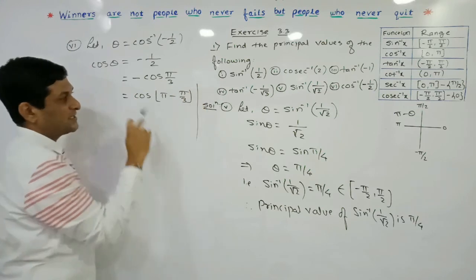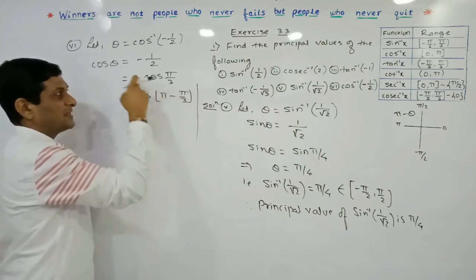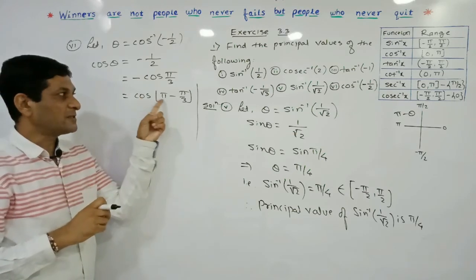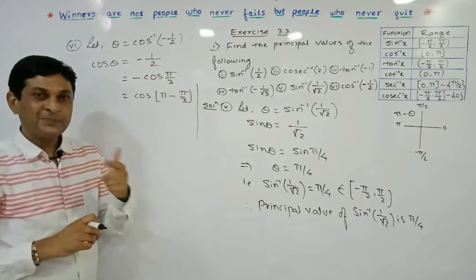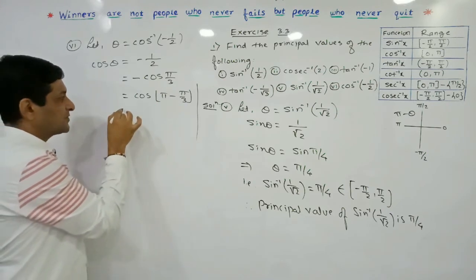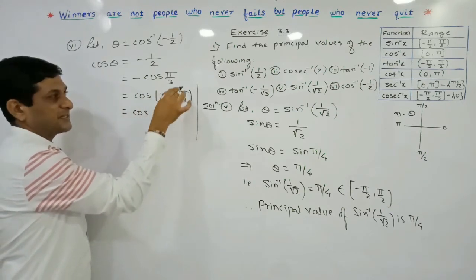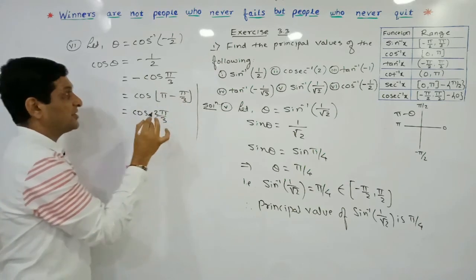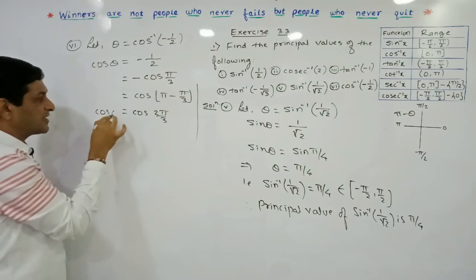Now again observe here, we know that cos pi minus theta is minus cos theta. So minus cos theta can be written as cos pi minus theta, because we know that its principal value lies in what? Second quadrant. So simplified, cos, keep it as it is, take the cross multiplication, 3 pi minus pi will be equal to 2 pi by 3. On this side cos theta, keep it as it is.